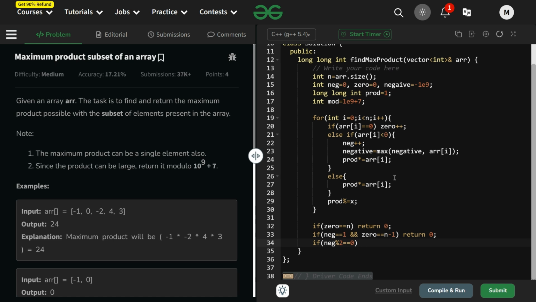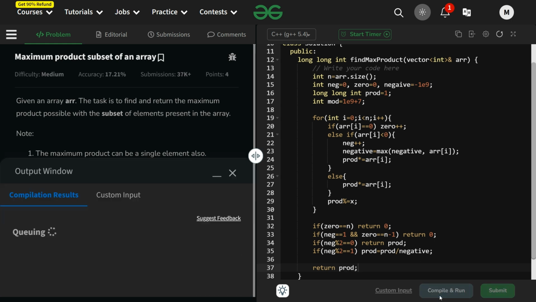The 0 case is already handled, so return the product simply. You don't have to do anything else. Otherwise, if negative count modulo 2 equals 1, that is for the odd cases, what you have to do is say product equals product divided by negative, and just return the product.